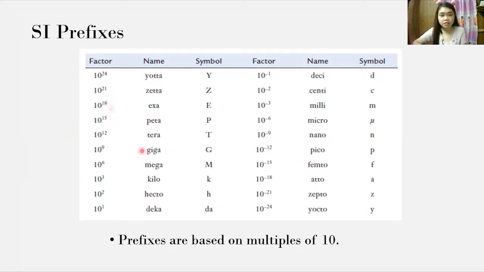It's very important that you familiarize all of this: its factor, its name, its symbol, because you could easily separate them when you cancel different units, and then you connect the prefix to other units in that calculation. So later we will demonstrate that in our further examples.